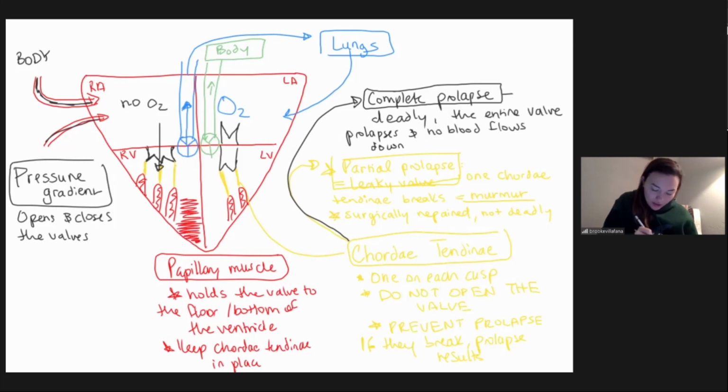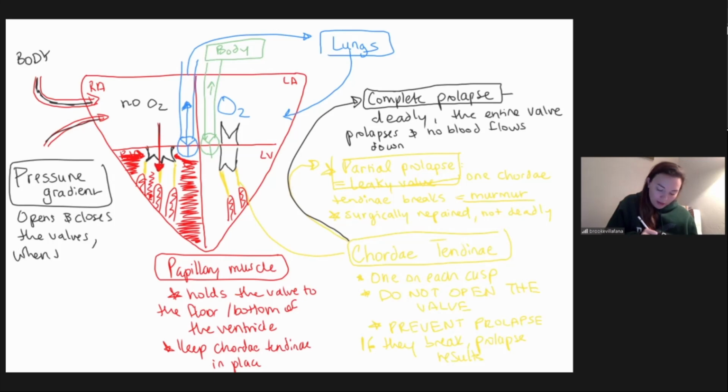As it trickles down, here's my arrow, the blood is flowing down into my ventricle. It builds up and starts to press onto the back of this valve here. Does that make sense? It's coming around and pressing on it. When it gets full enough, it gets behind the valve and forces it shut.